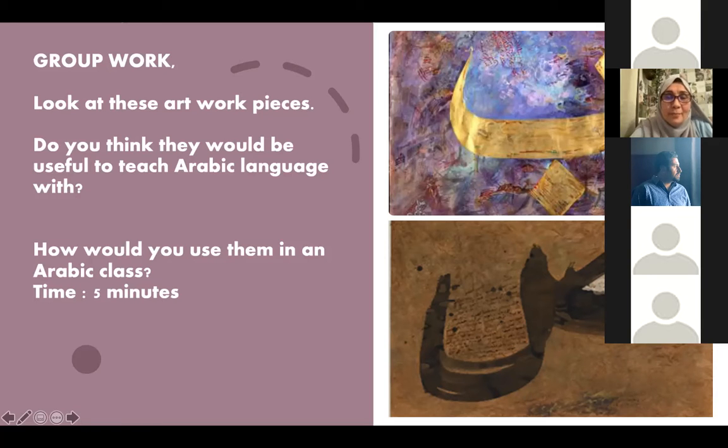As Lina said, I don't think this will be useful for teaching letters. The connection between Ba and Sad here needs more work, but they can appreciate the art. We can talk about how Arabic has calligraphy, which is a kind of art, and different ways of writing letters.